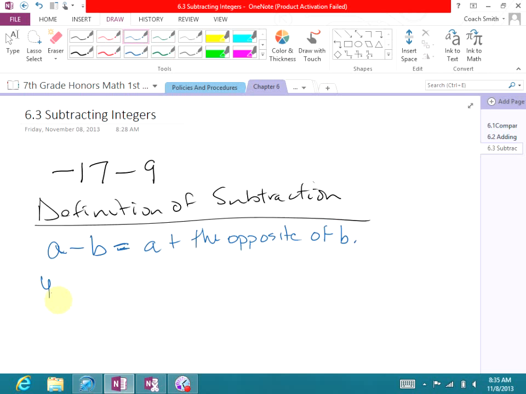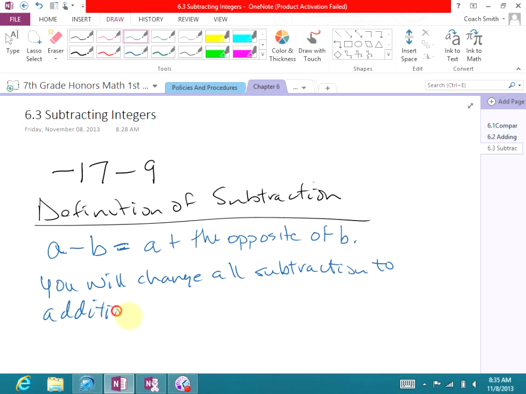You will change all subtraction problems to addition problems.